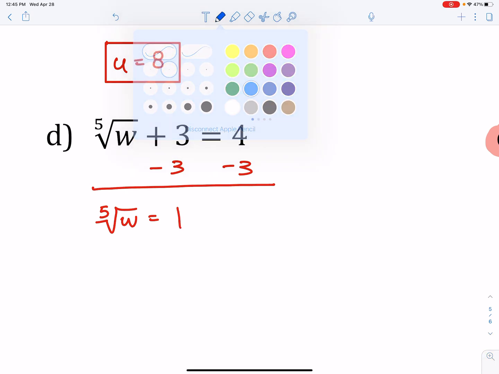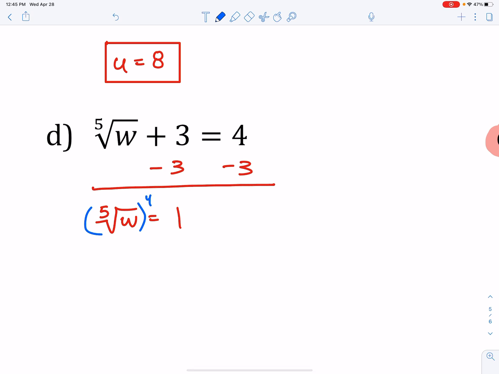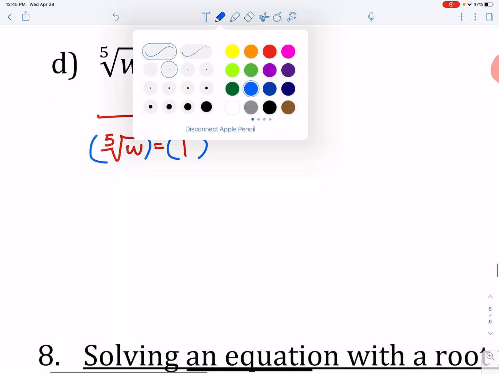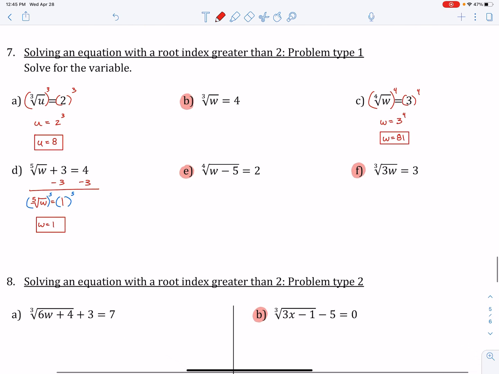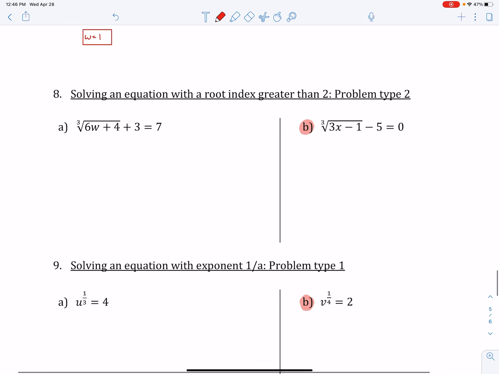I want to get rid of the 5th root. So if I go to the 5th power on everything, 1 to the 5th power, guys, is just 1. So that's what we have there. And you should be well off in solving B, E, and F by yourself.